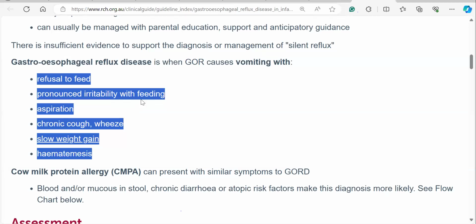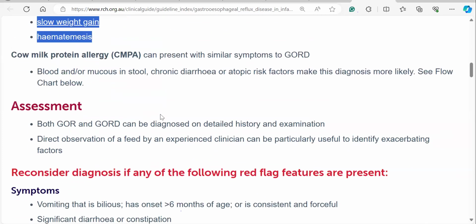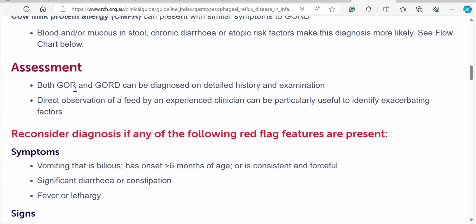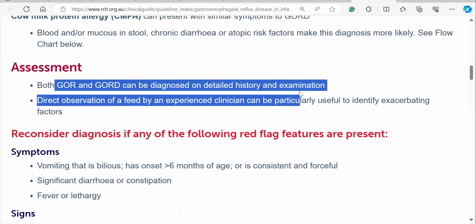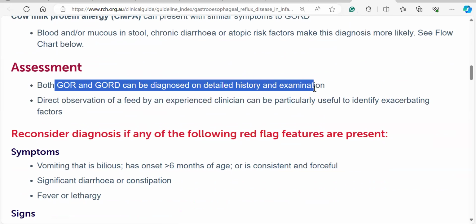So if a child with just reflux starts having a little bit of slow weight gain, is not accepting the milk or refusing to feed, or has pronounced irritability, if any of these are there, that becomes gastroesophageal reflux disease. Remember, both gastroesophageal reflux and the disease can be diagnosed by just history and examination. There is no need of any investigation.